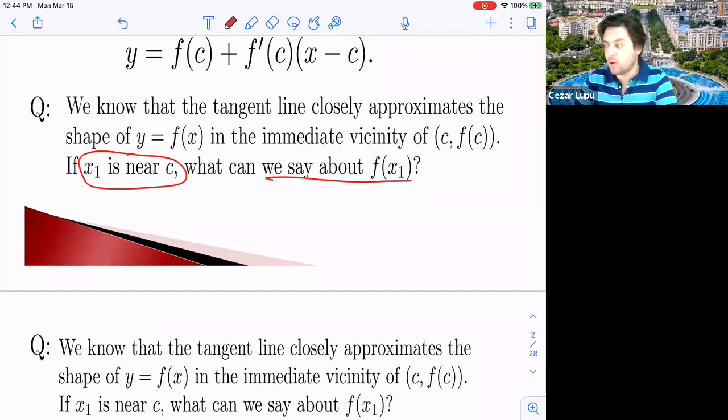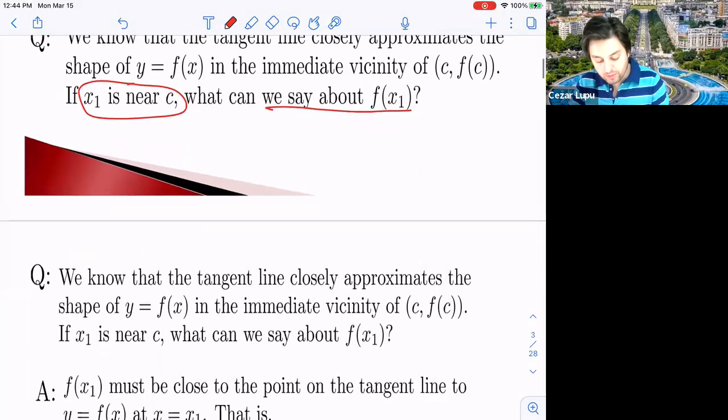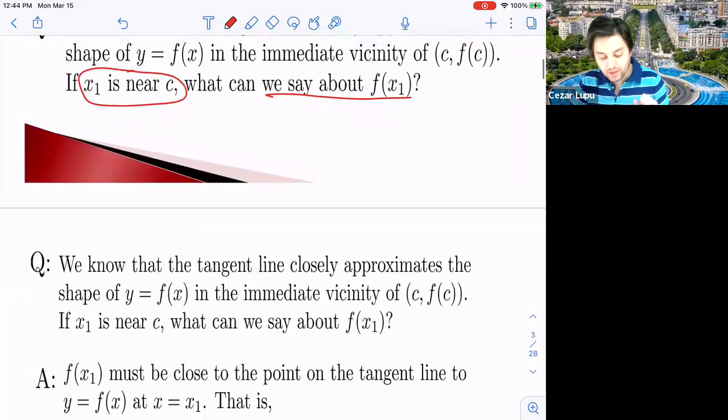Exactly. Intuitively, f of x1 should be close to f of c. But the answer is that f of x1 must be close to the point on the tangent line to y equals f of x at the point x equals x1.